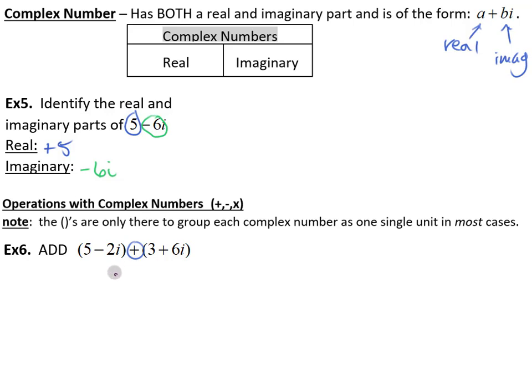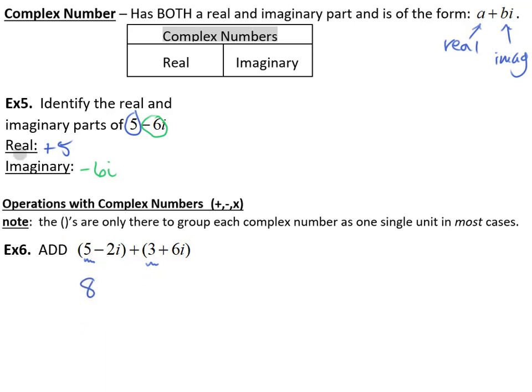In fact, we are just adding these two complex numbers. So we have this complex number, and we're adding them together. It even says add. Okay, so here's how we add complex numbers. Are you ready? We're going to start with the real, and we're going to add the real. 5 plus 3 is 8.